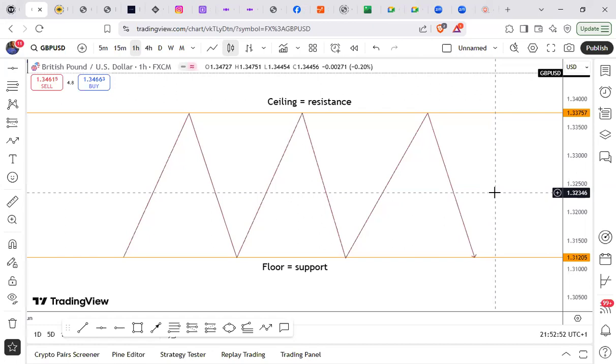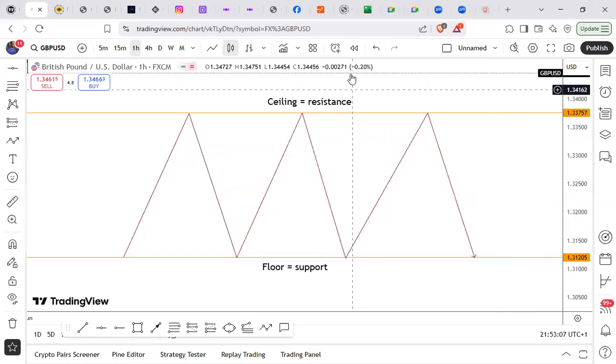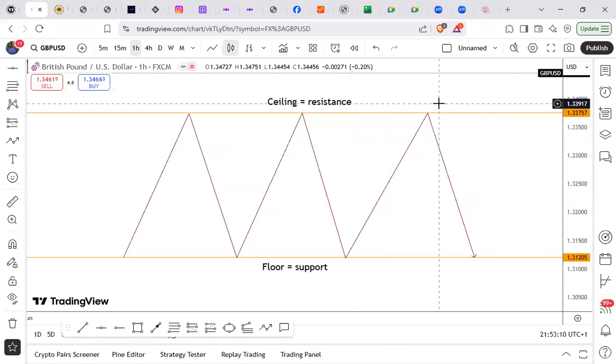Now, when the ball hits the floor, the floor supports it to bounce back up. Then it goes and meets the ceiling. The ceiling now resists it from going higher, and forces the ball to come back down.